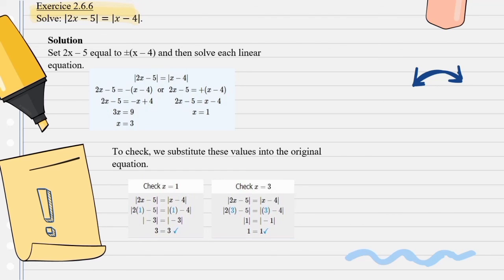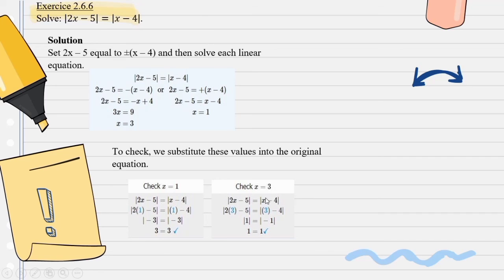Check x equals 3. The absolute value of 2x minus 5 equals the absolute value of x minus 4.